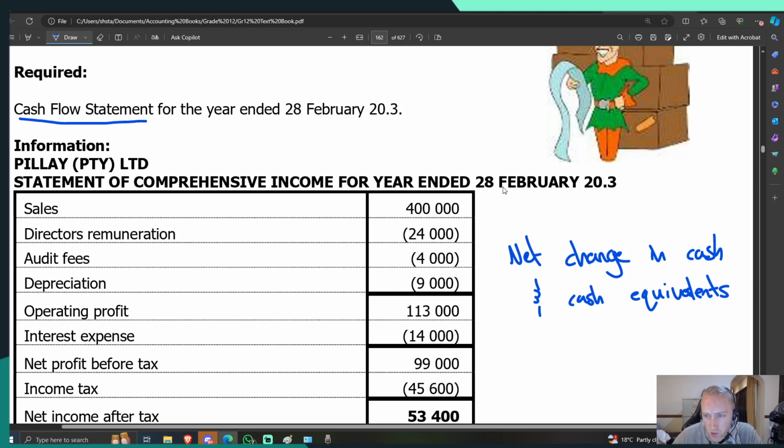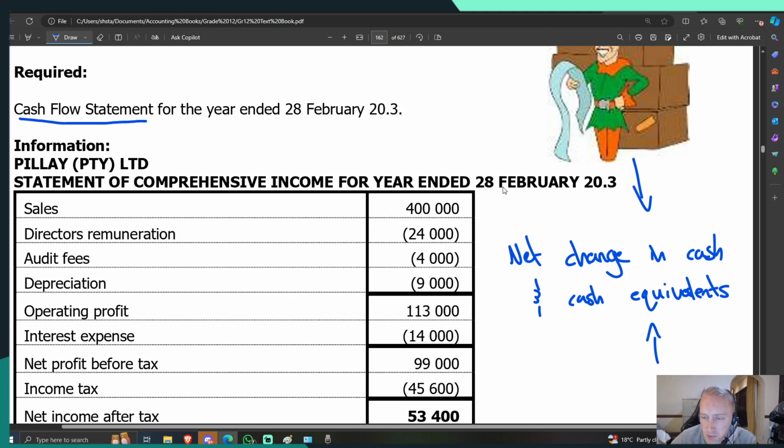You can either go from top to bottom or bottom to top to get there, but you have to do it both ways. Bottom to top, as I call it, is where you take your cash and cash equivalents at the beginning of the year and you minus your cash and cash equivalents at the end of the year. That gives you the net change in cash and cash equivalents.